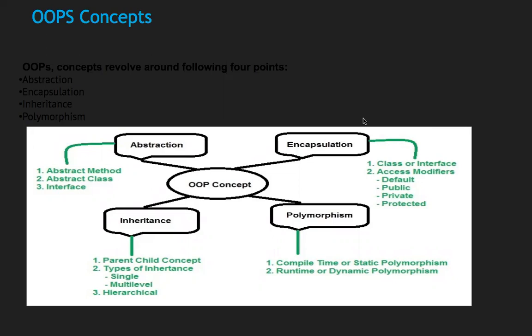Okay, so let's recap whatever we have discussed in the last videos. In previous videos, we discussed what the different types of languages are, what a programming language is, how many types of programming languages there are, what a high-level language is, and what an object-oriented programming language is.